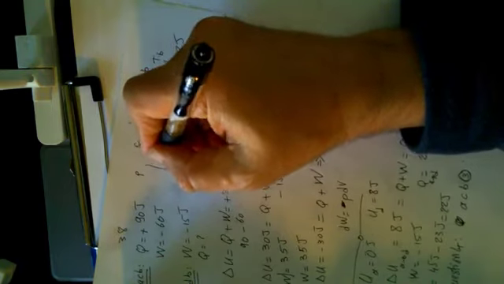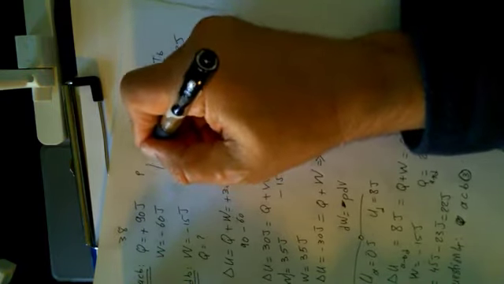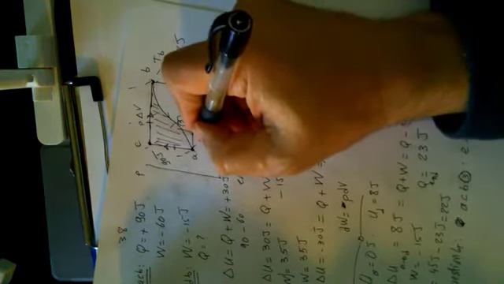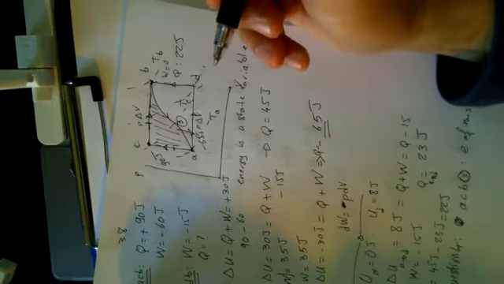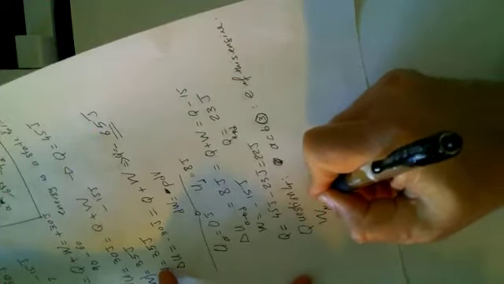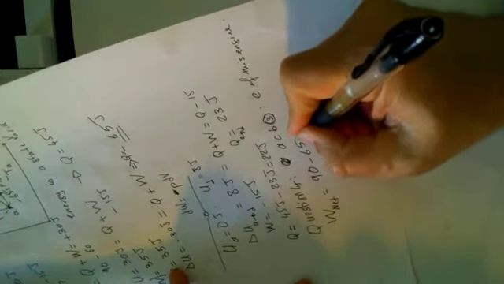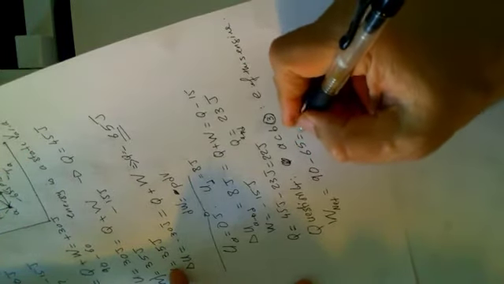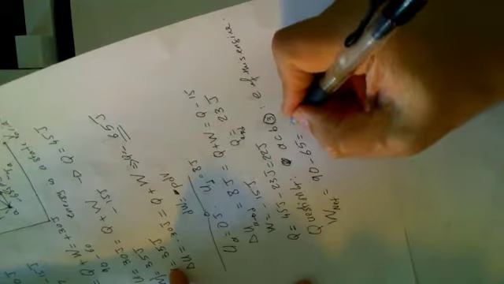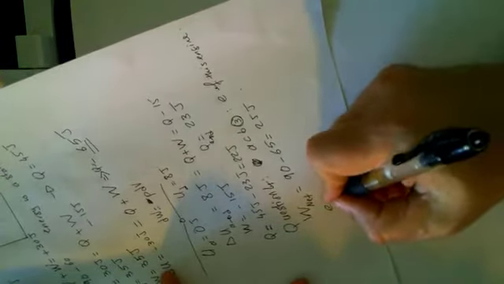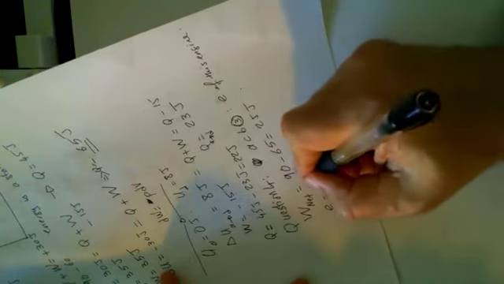So this was 90 joules of heat, and this was 65 joules dispensed during the process from here to here, okay? So how much net work? W net is going to be equal to 90 minus 65, which is 25 joules, okay?